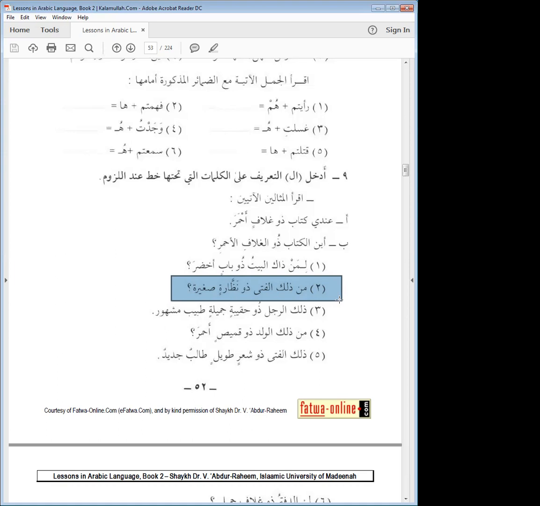Similar to the concept of adjective. Remember adjectives? Describing a noun, and it has to match the noun. If the noun is definite, the adjective also has to be definite. Okay, if it's masculine, the word also has to be masculine, right? Now, I'm not saying these are adjectives, right? I'm saying that it is a similar concept, right? So how do you say this? Man, ذلك الفتى.